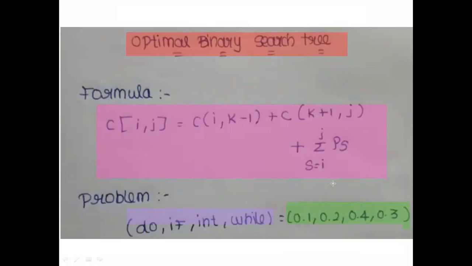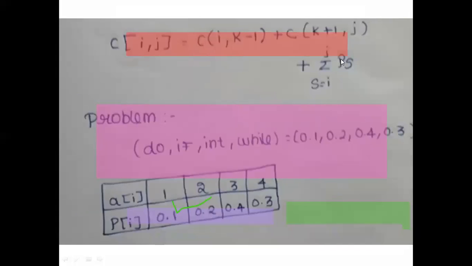So now we are going to construct the binary tree for these elements: do, if, int, while. Let's see that process. Please remember that formula.